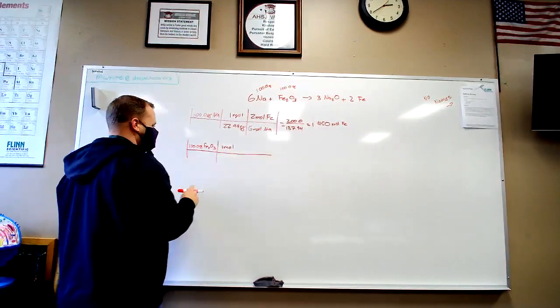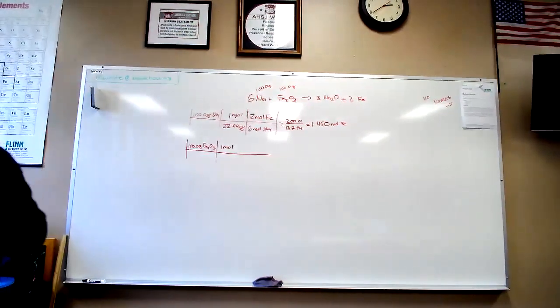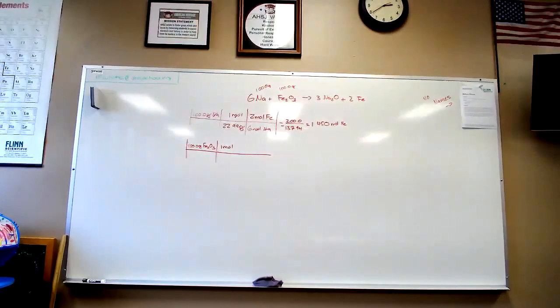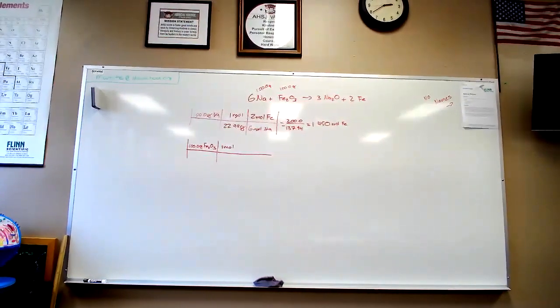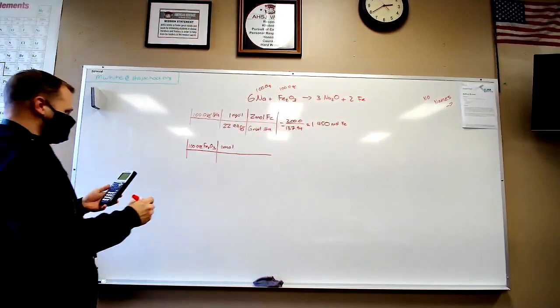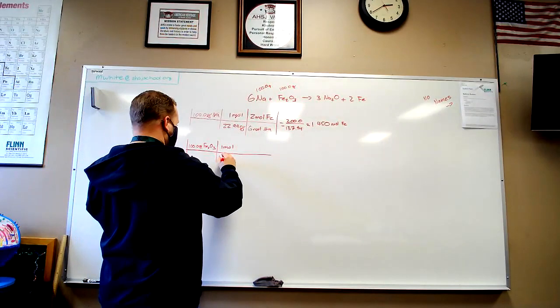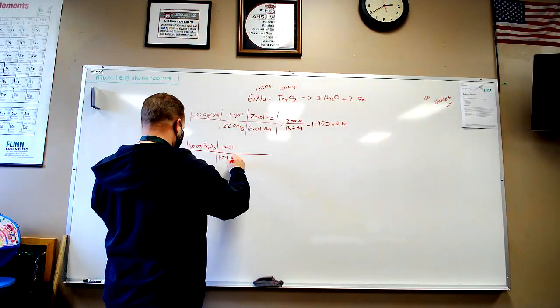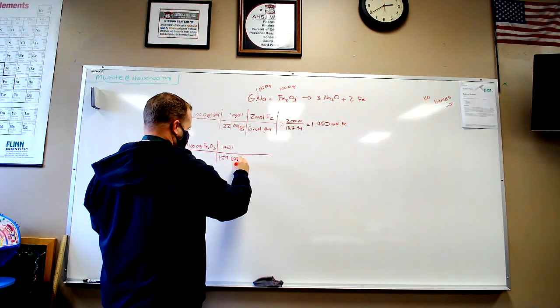We know we're going to change it to grams. So we look at iron, 55.845, but there's 2 of them. And oxygen, 15.999, but there's 3 of them. That gives us 159.687 grams.